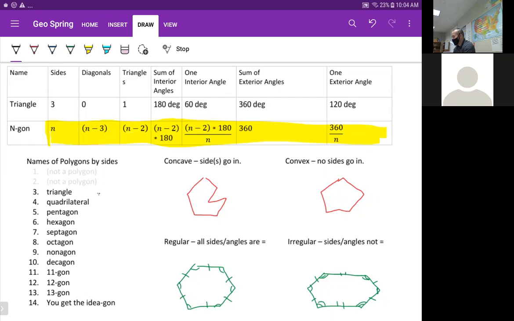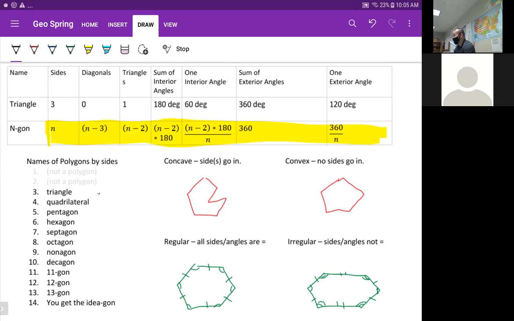With a concave shape, think of it like hiking and running into this shape: there's a cave you could go inside and take refuge in. Convex does not have a cave in it. A regular polygon has all sides and all angles equal, and irregular, they're not.